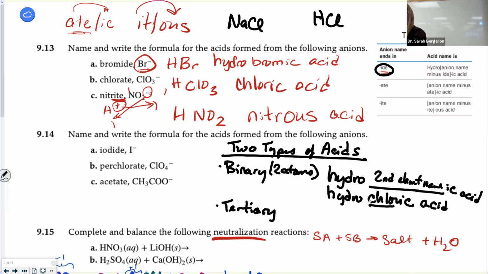Hydrobromic acid, hydroiodic acid, hydro whatever element, put your IC and call it an acid. The binary acid naming is really easy, okay? And that's what it tells you. If you have an anion that ends in IDE, you're going to put hydro, whatever element, IC acid, right? So it's the same instructions.